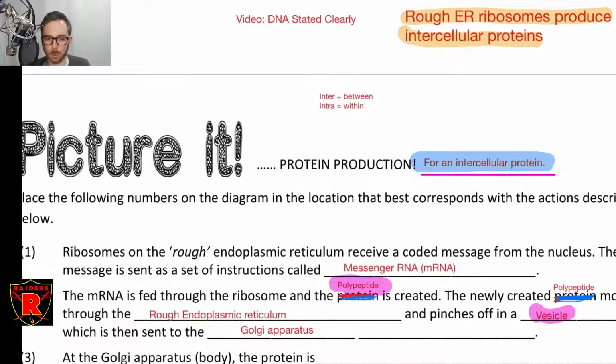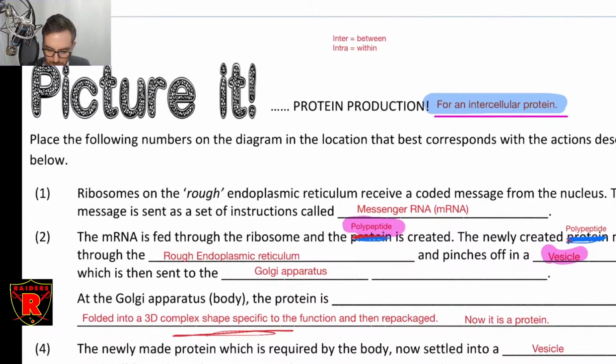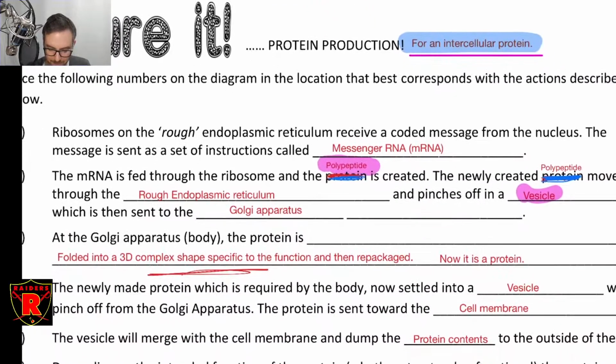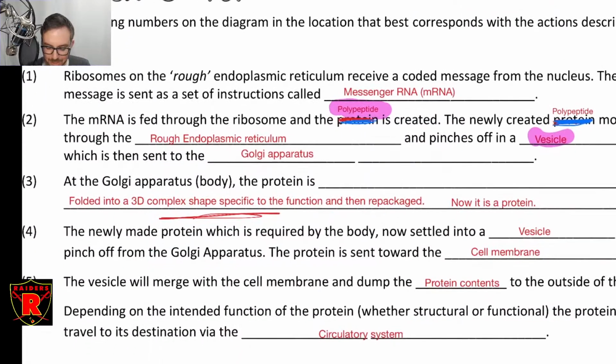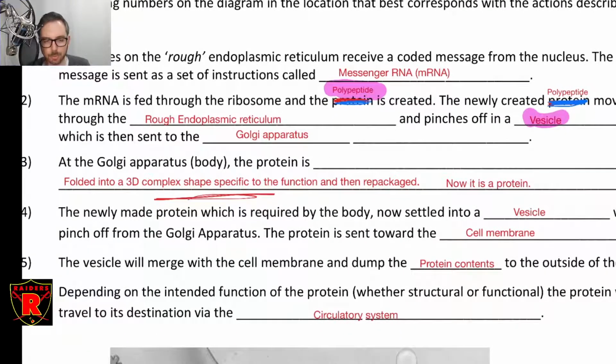So that would be the code. All right? That RNA code is going to get sent to the rough ER. Okay, so that's mRNA. It gets sent to the rough ER, to a ribosome. It's then going to get fed through the ribosome, and it's going to make what's called a polypeptide.